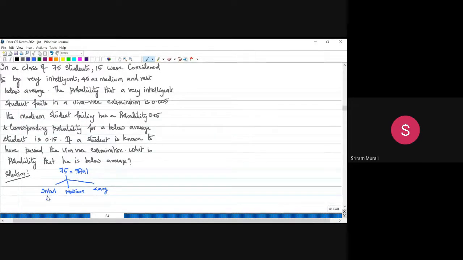So I call these events A1, A2, A3. So what is the composition? 15 is intelligent, 45 is medium, then 15 must be below average. Am I right? Yes, sir. Have you understood what we are writing? Yes, sir.